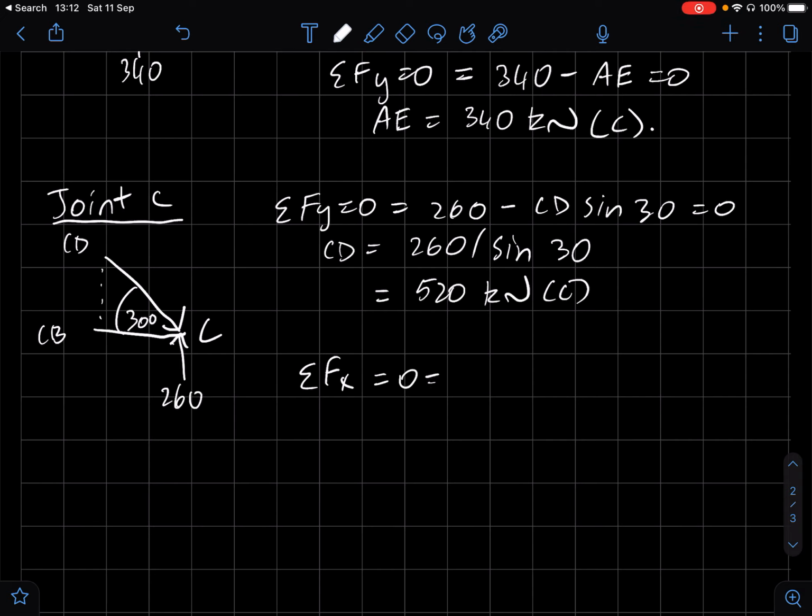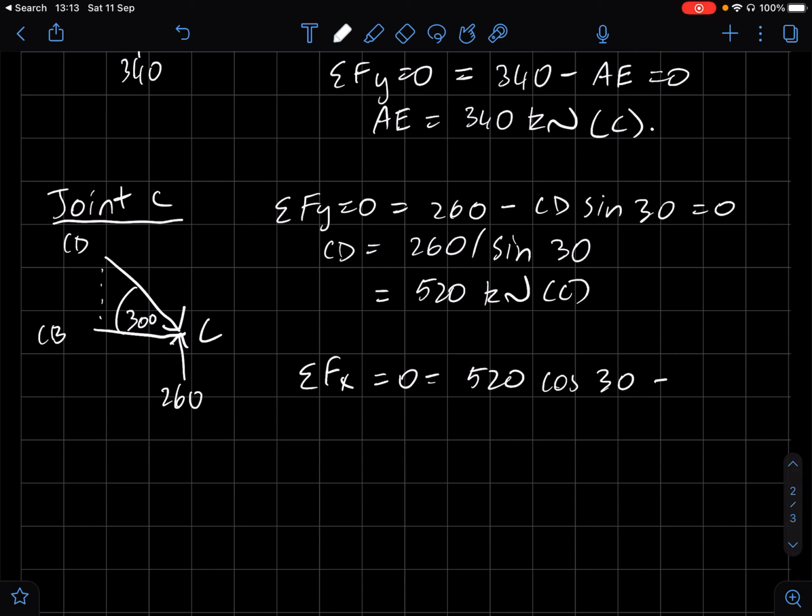Forces in the X. So which X components do we have, guys? Well, we're going to have the X component of CD as well as the CB member, aren't we? So we can assume the X component of CD is moving in the positive, the right X direction. So that's going to be 520, this time cosine of 30, because we want the X component.